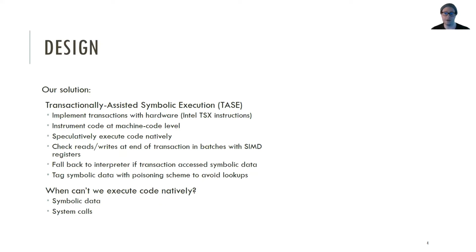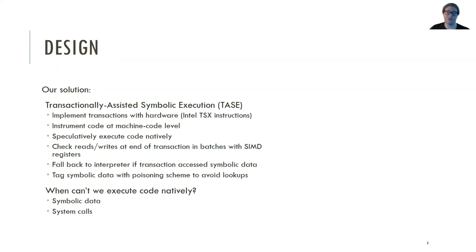When we're executing natively in TASE, we store memory values read or written to in SIMD registers, and we check them in batches before a transaction is committed to determine if a poisoned symbolic value was accessed. And if symbolic data was accessed, we undo the transaction with the transactional hardware and fall back to a slow but safe interpreter to handle the symbolic computation.